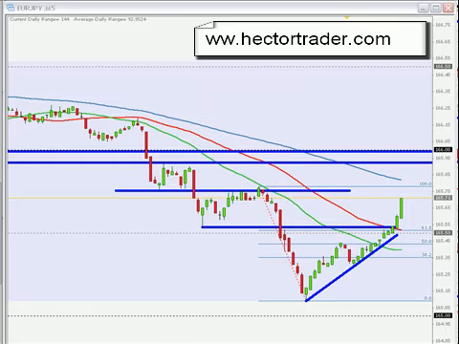We have a previous double bottom here, okay, former support, now working as resistance. Also, this is the 50% Fibonacci level. I've measured it already. This is the 50% Fibonacci level, and of course, the dynamic area of resistance. Okay, we have a trend line break right there.